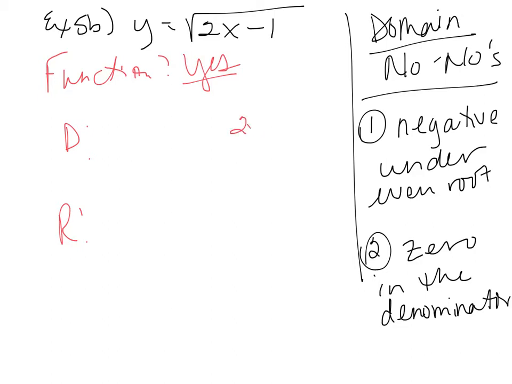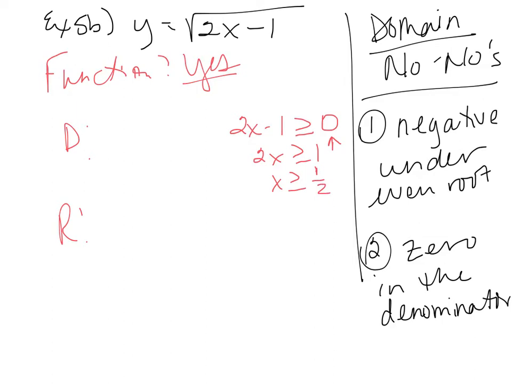So I want to know, when is 2x minus 1 greater than or equal to 0? So I want to know all of the x values that are going to be greater than or equal to a 0 underneath my radical. Good, then you just solve. So 2x, when you add 1 to both sides, is going to give you 1. So x has to be greater than or equal to 1/2.